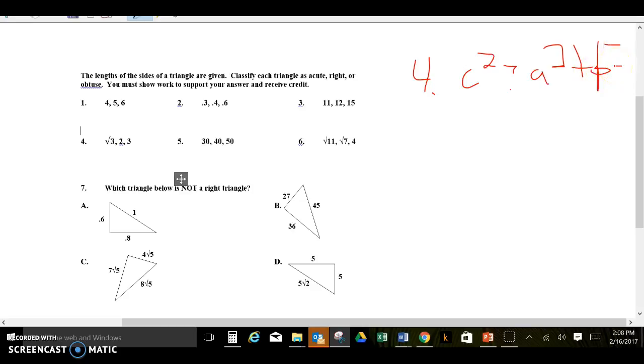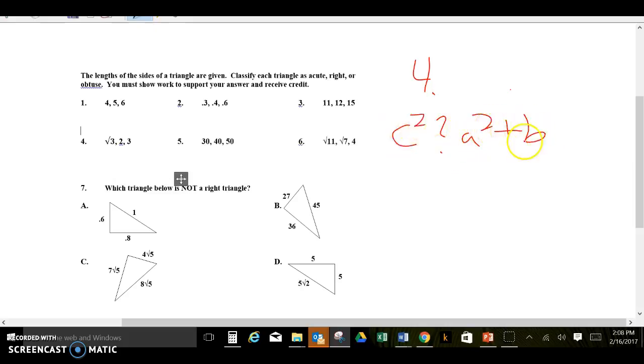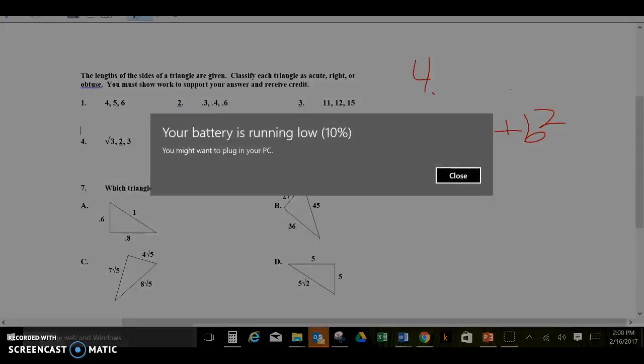That didn't write out so well, did it? Okay, so we're going to use c squared question mark a squared plus b squared. I'm going to plug in the numbers. Our c is 3, a would be square root of 3, and b would be 2.